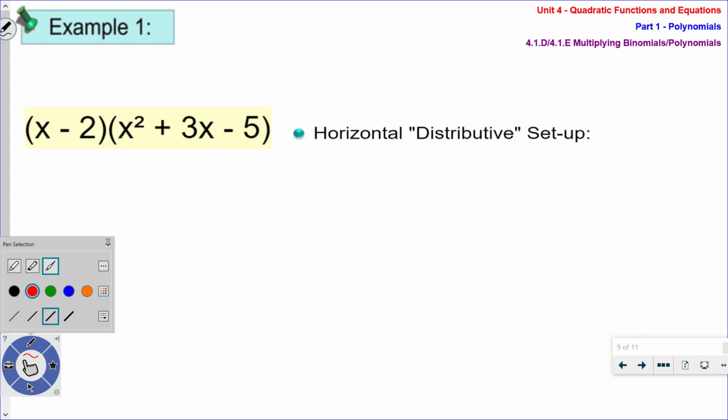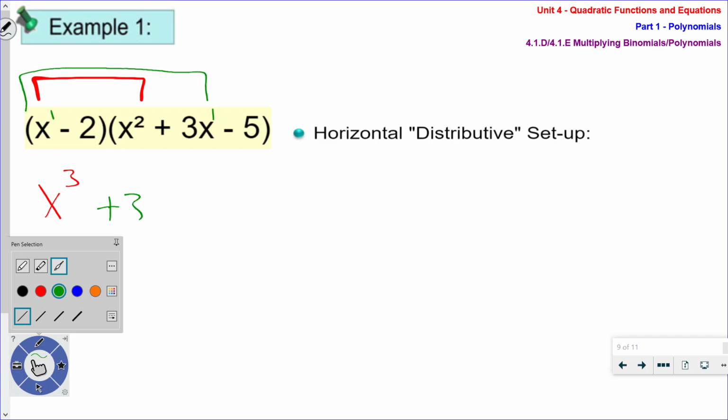You do x times x to the second, which is x to the third. Okay, thank you. Please continue. Then you do x times 3x, which is 3x squared. Continue. Then you do x times negative 5, that's negative 5x. Negative 5x. Thank you.